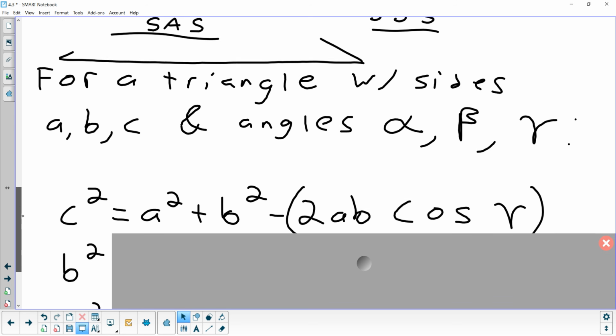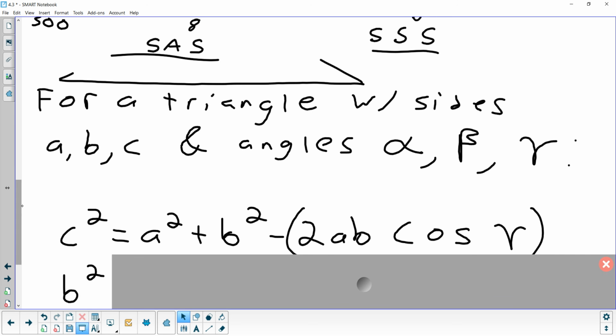So let's see if we can get this one. B squared equals, what do you think would come after the B squared? Just the first two things. C squared plus A squared.